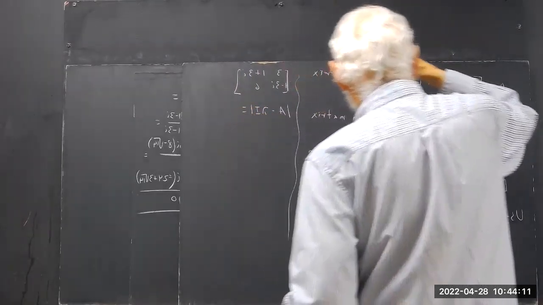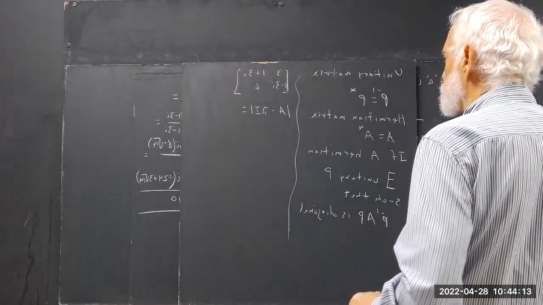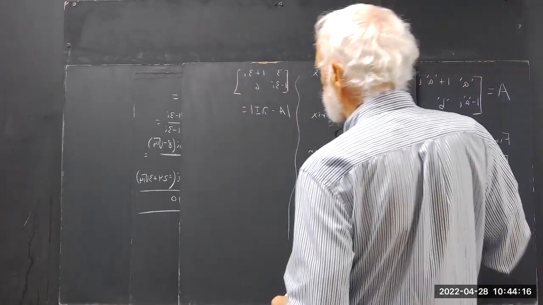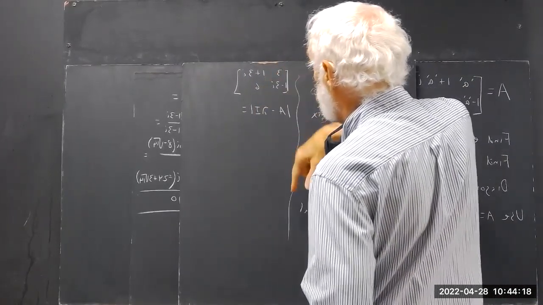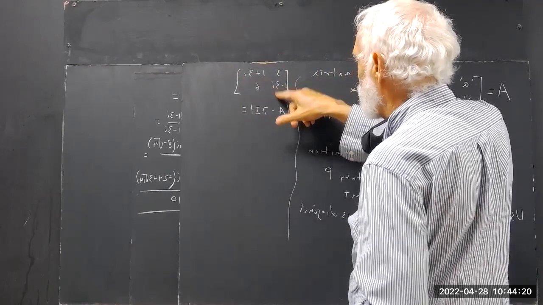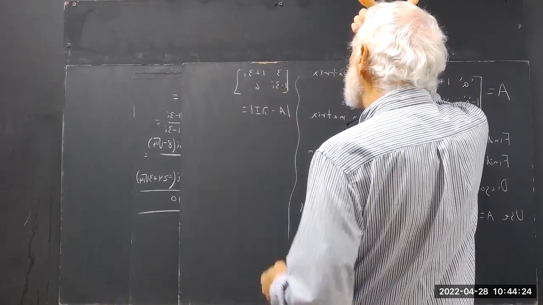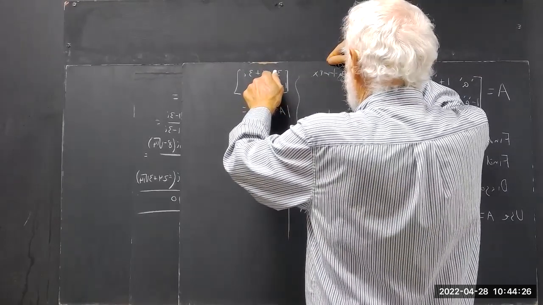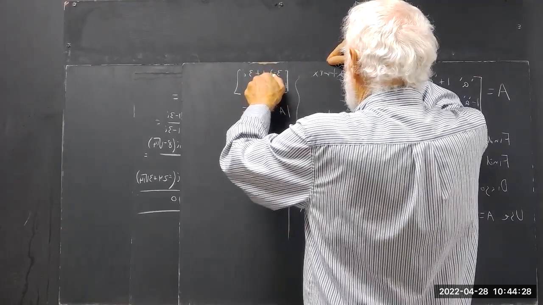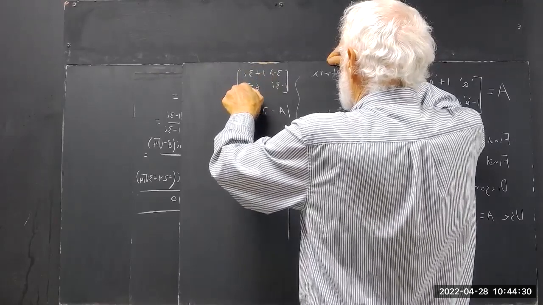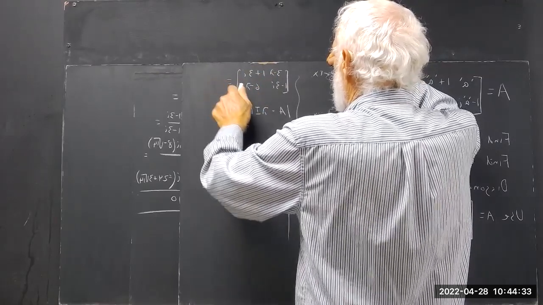The determinant of A minus lambda I was again 18 minus 10, and it's 3 minus lambda, 6 minus lambda, okay?